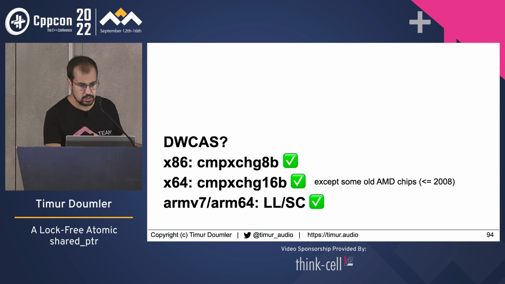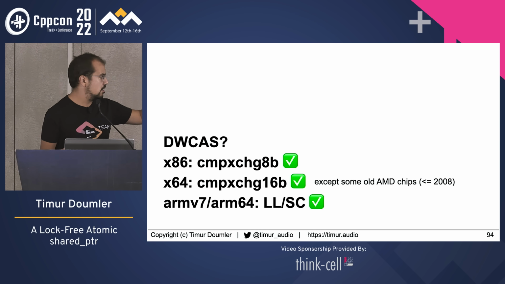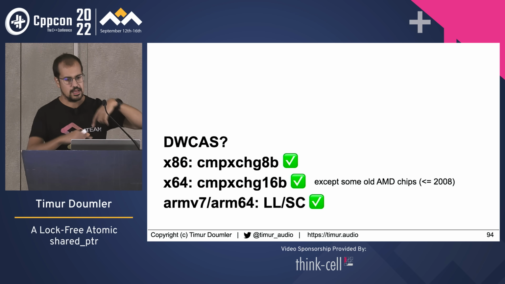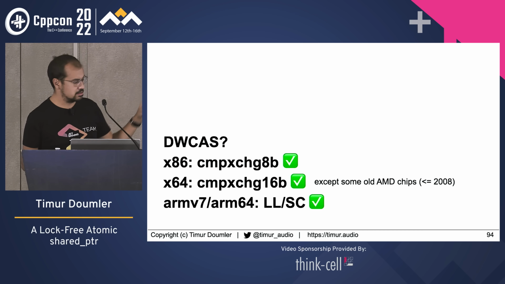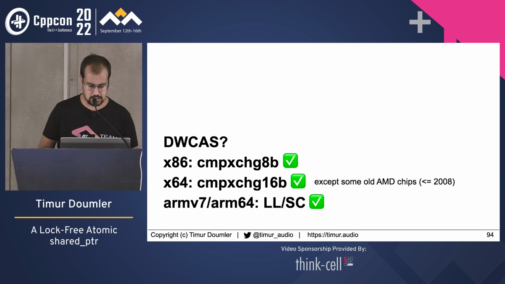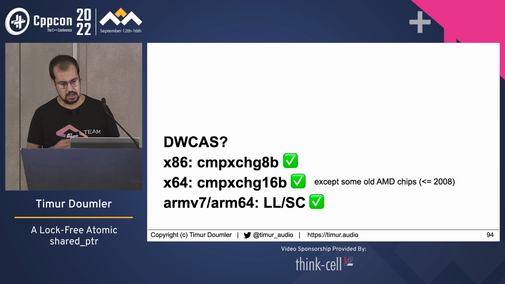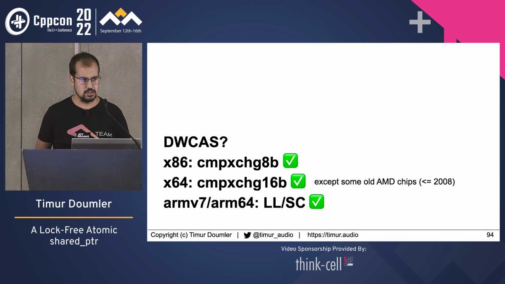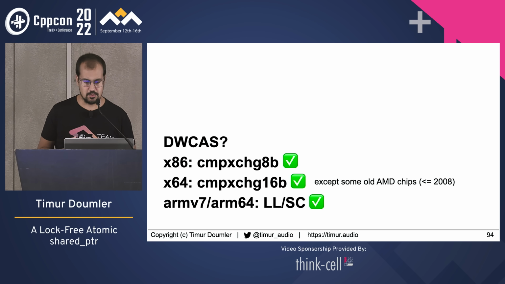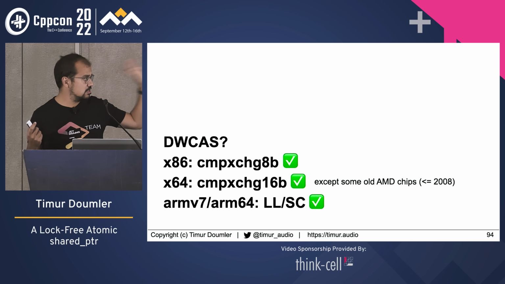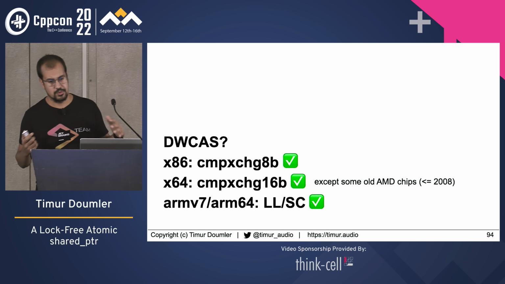Yes, so on ARM, on I think the latest ones, you also have one instruction. On some other ARM architectures, you have this other thing, which is LLSC, load-link store-conditional, which is a different way of doing the same thing, but it's effectively the same operation. So it's there, your CPU supports it.